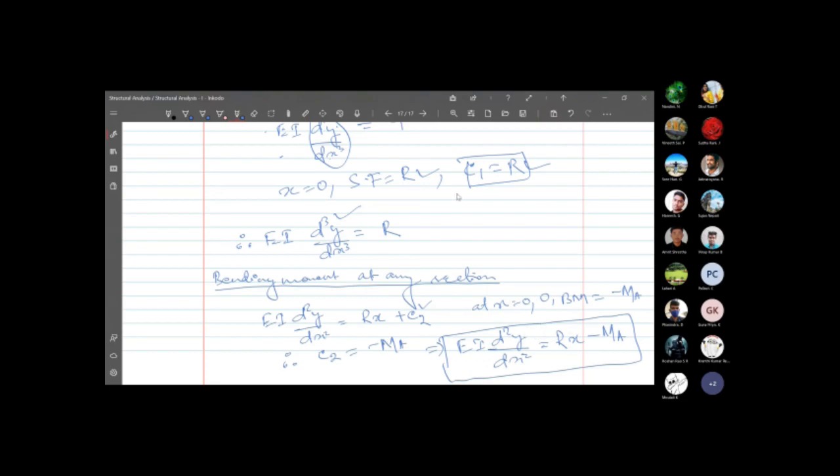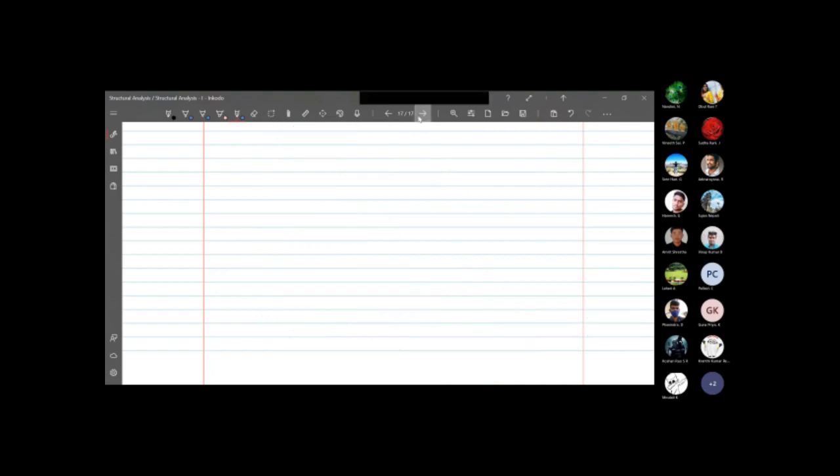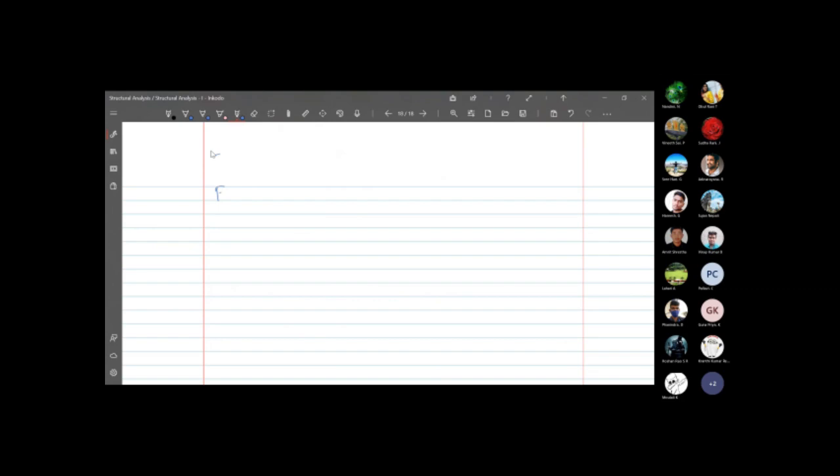Okay, now if again I integrate, integrating again, EI into dy by dx equals to R into x square by 2 minus MA into x plus C3. So till now we have three constants of integration, and another constant will be there because this one is the slope.